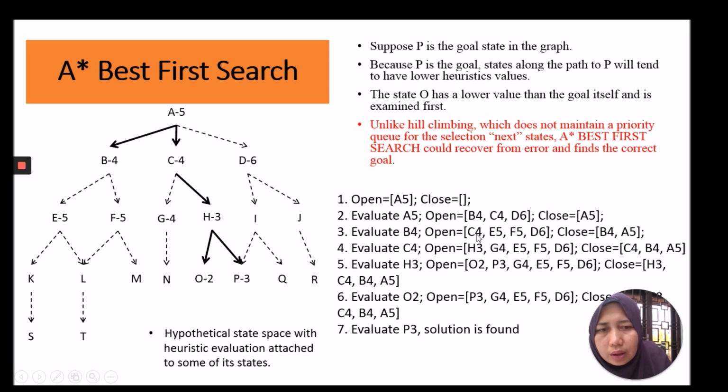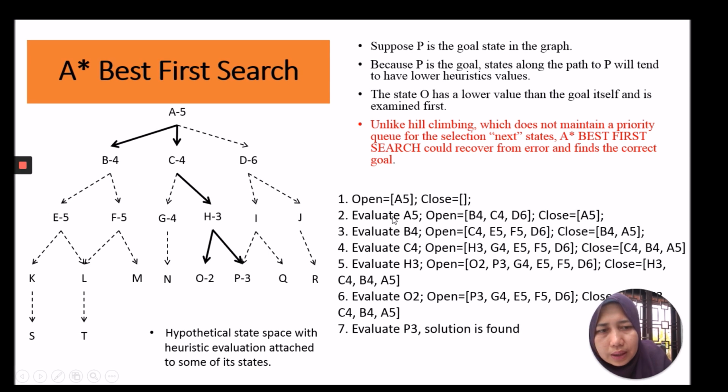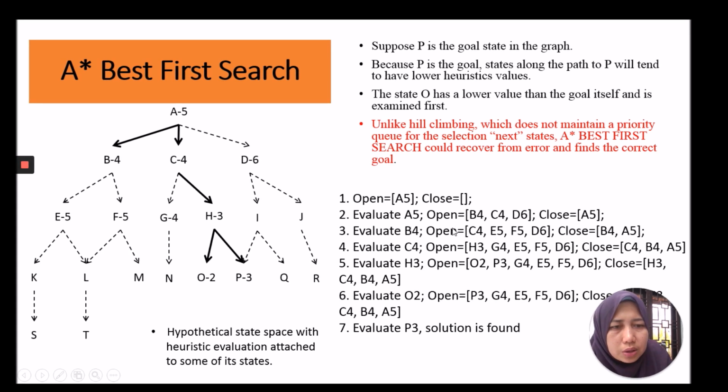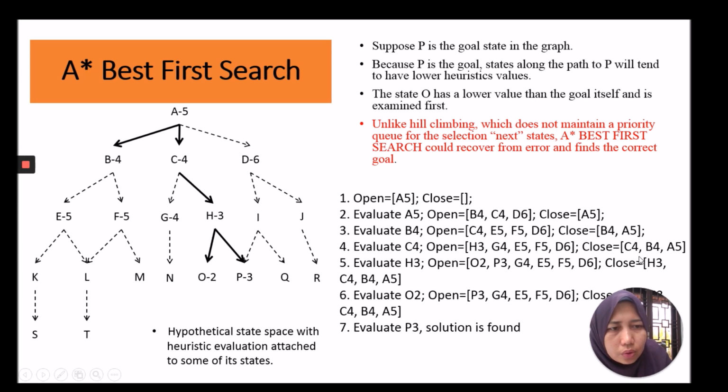From B4 just now, we can consider E5 and F5. So place them in the open list, and from there we choose the smallest. The smallest value is C4, because of this 4. So C4 is moved into the closed list.